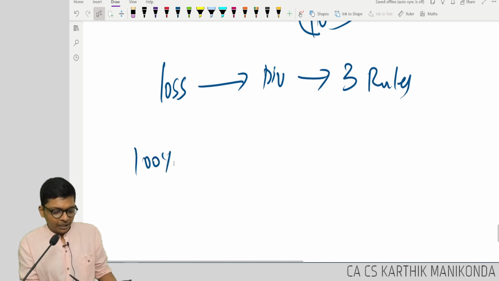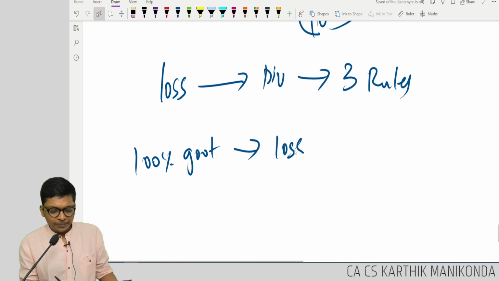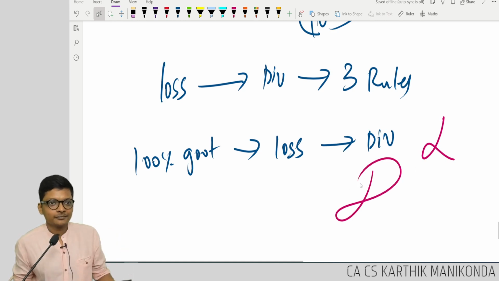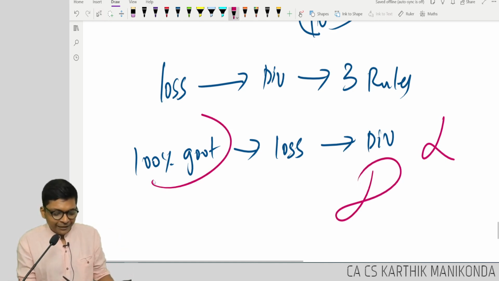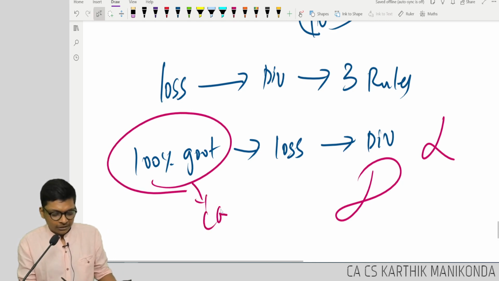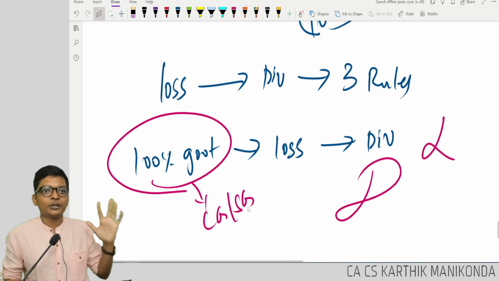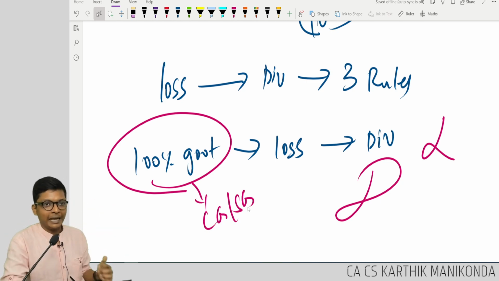If I am a 100% government company, loss-making, and I have to declare dividend, do I have any rules? No rules. That means how much dividend can I declare? How much ever I want. Why? Who is the shareholder of a 100% government company? Central government, and so they are telling, I know how much dividend to declare. Don't put rules for me. I am the one who puts the rules. Are you following, guys? Understanding?